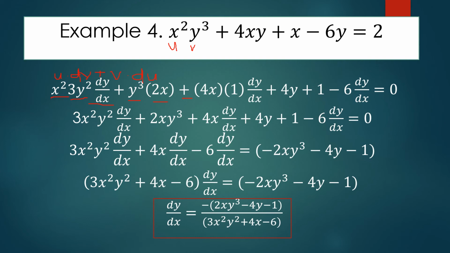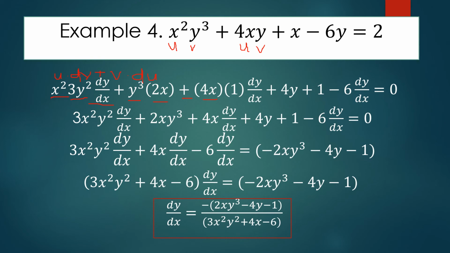Okay, so to get the derivative again, use the product rule of differentiation. So let u be equal to 4x and let v equal to y. So using the same formula, ang u natin is equal to 4x, dv or derivative of y is equal to 1.